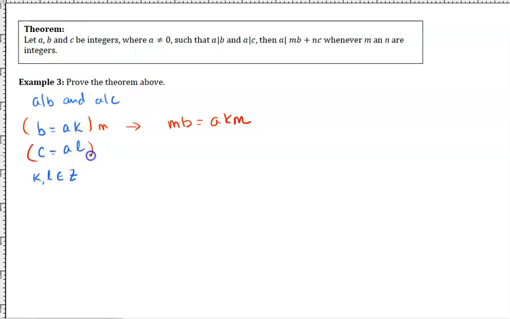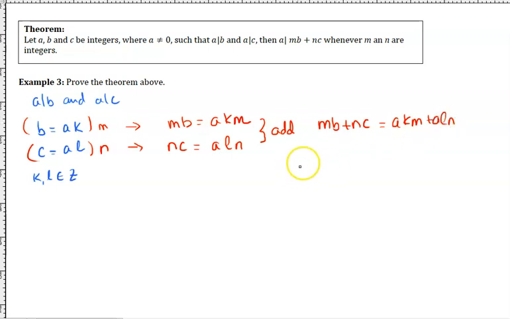We're going to take this and we're going to multiply this by N. So we're going to get NC equals ALN. Okay? Then we're going to add these. So we're going to add these two equations. We're going to get that MB plus NC is AKM plus ALN.